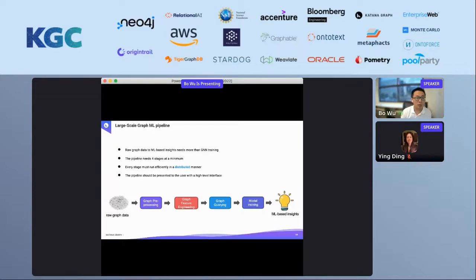Finally, graph machine learning models are trained and used to produce insights about the data. Since the graph itself is partitioned, all these stages should run efficiently in a distributed fashion. Due to the time limit, I won't talk about the details of preprocessing. I just want to point out that graph rewiring is quite important for some problems.